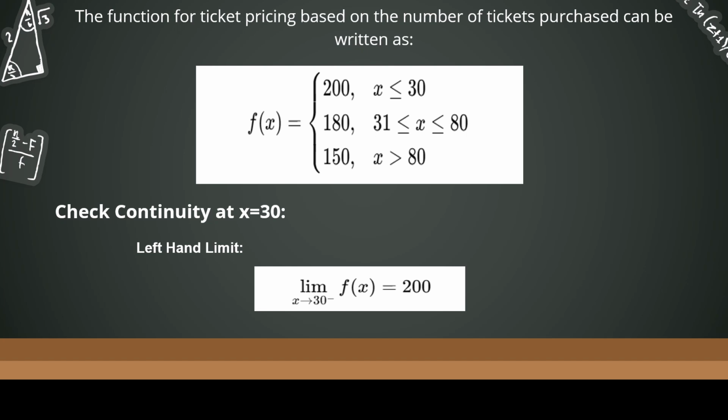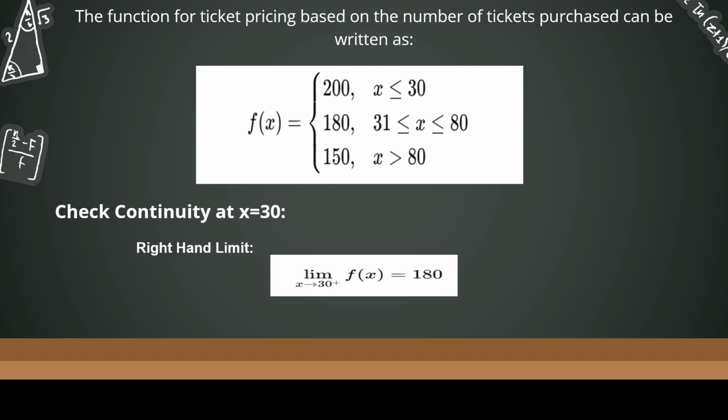So we should check first our left hand limit, which is 200, since for x less than or equal to 30, the price is 200. So our left hand limit is equal to 200. Now let's find also our right hand limit.